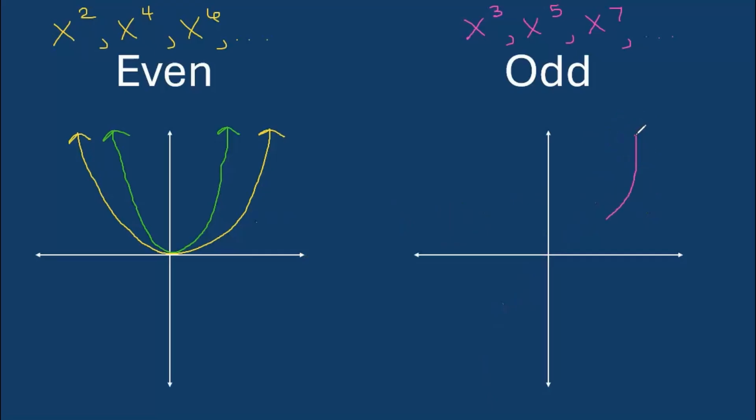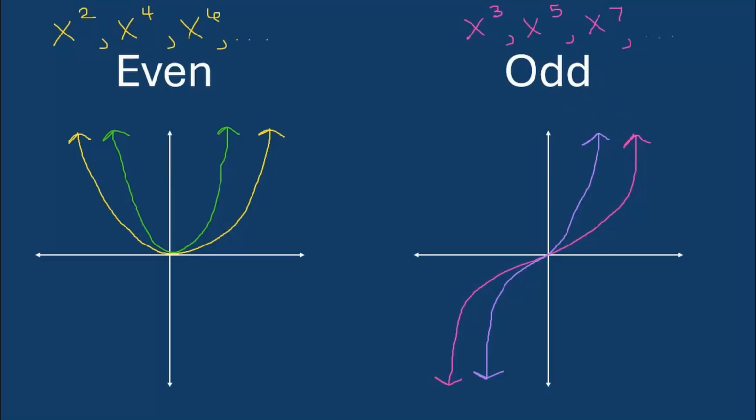Let's see if we can try that again. A parabola with the other side turned upside down. They're not easy to draw. X to the fifth and x to the seventh then are going to get steeper and steeper. As you can imagine, they're going to increase in value much faster.